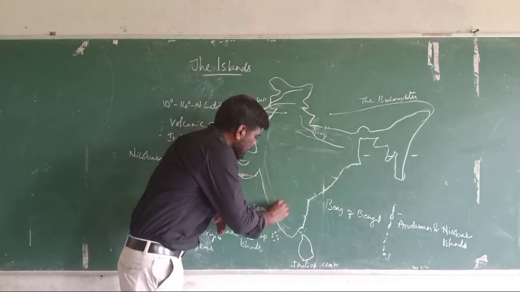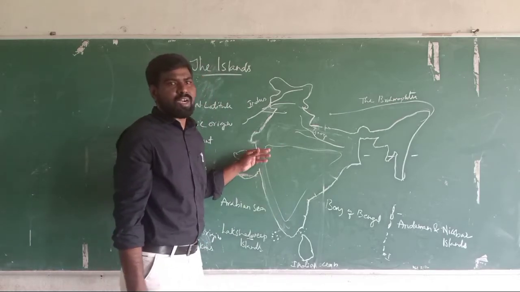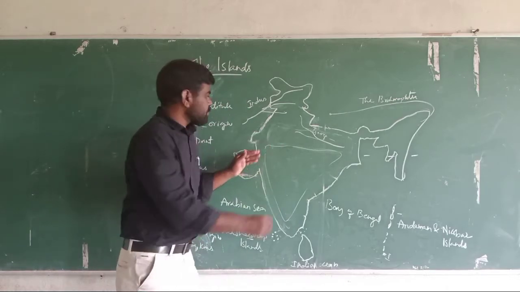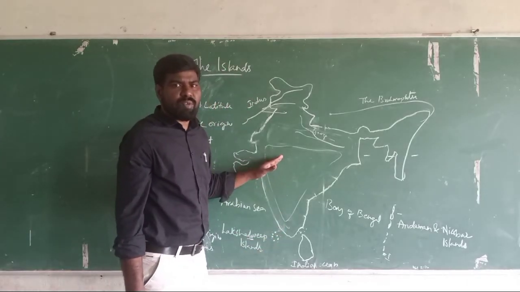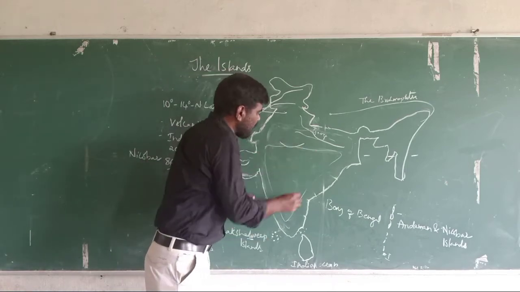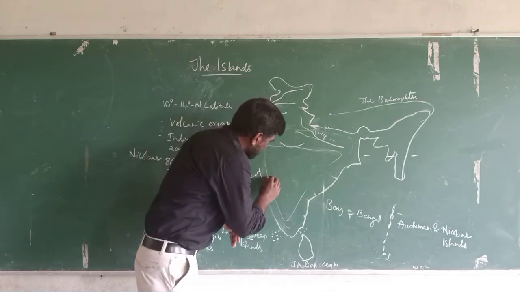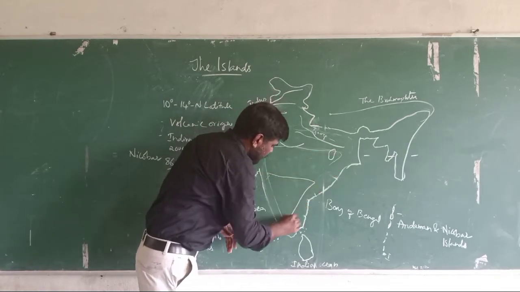The Peninsular Plateau is the oldest block. It is the largest physiographic component of our country, consisting of a series of plateaus: the Malwa Plateau, Chota Nagpur Plateau, and Deccan Plateau.